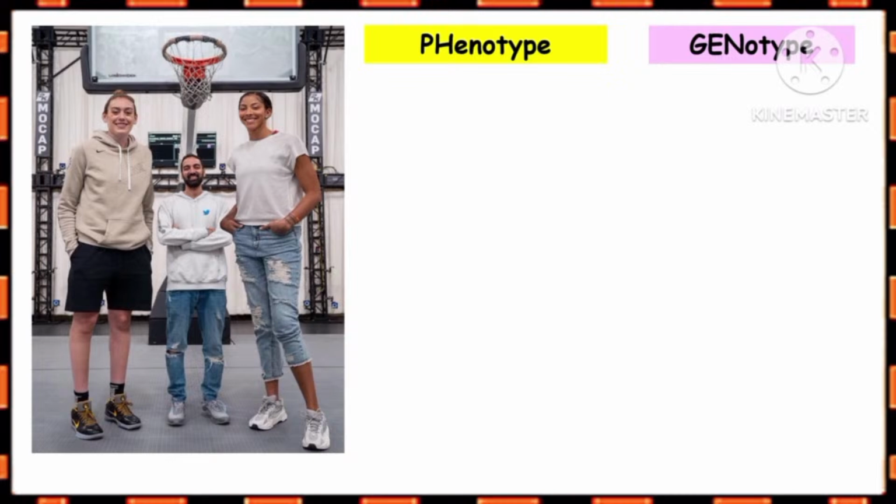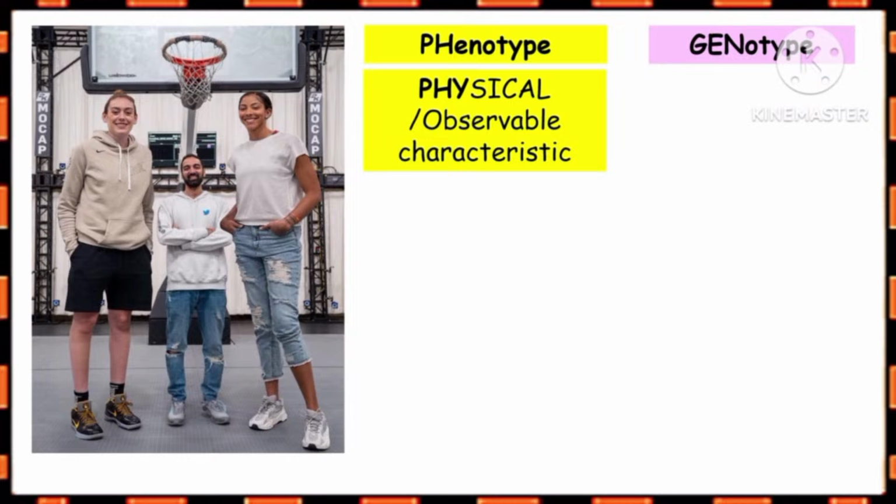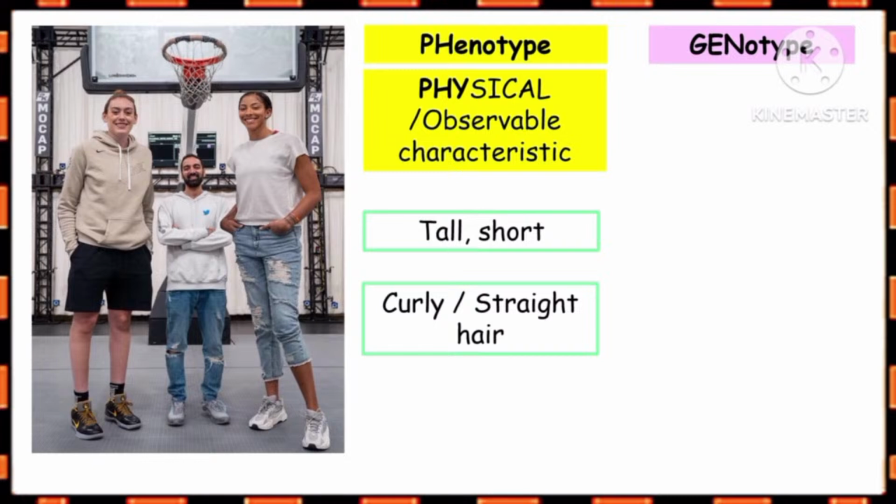Next, let's look at the difference between phenotype and genotype. Phenotype is the physical or observable characteristic, and examples given here are tall or short, curly or straight hair. It is the characteristic that can be observed, that can be seen.